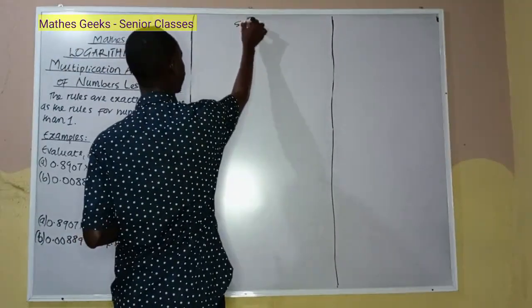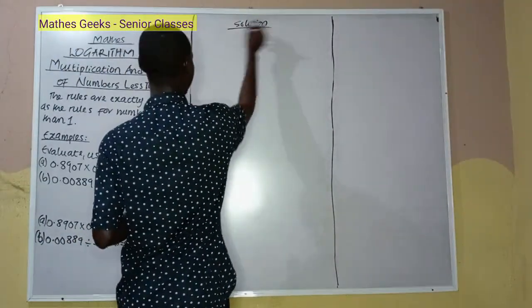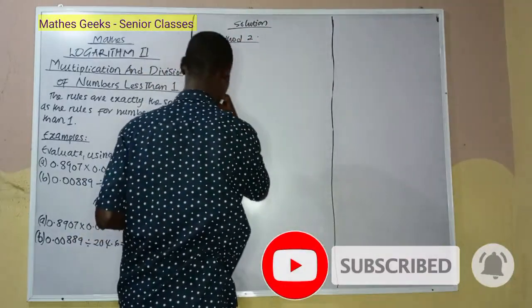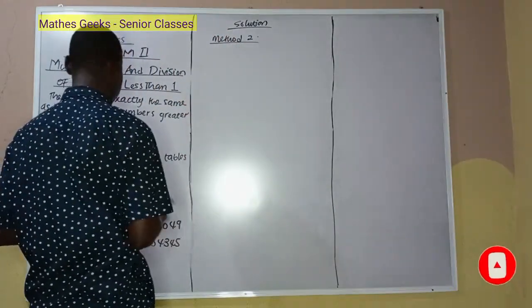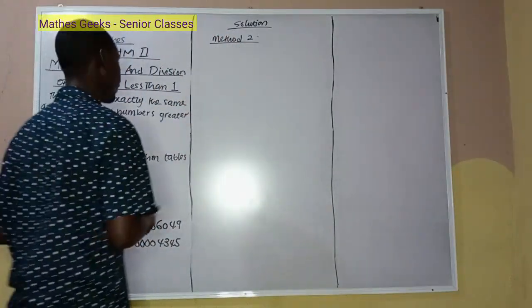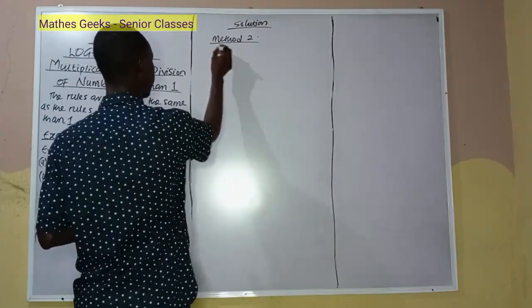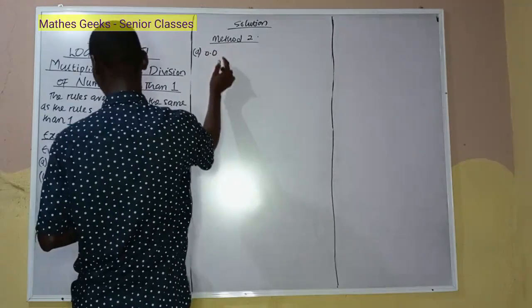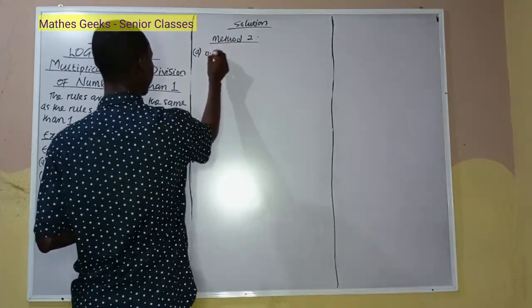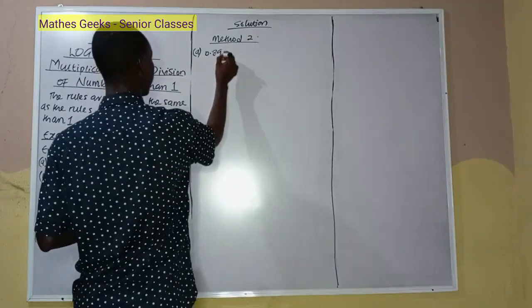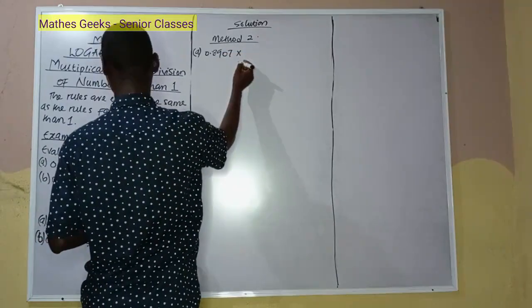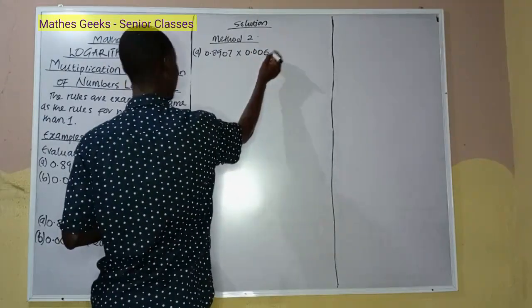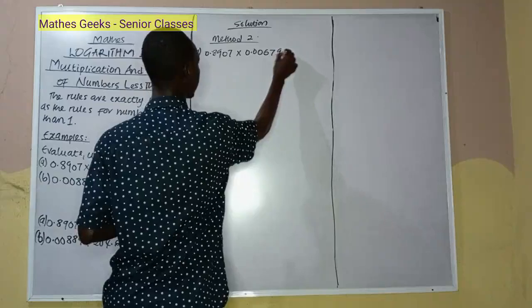I'm going to the solution. For this solution, I'm going to write method 2. In method 2, we're going to use our usual log table. So, evaluate using logarithm tables: 0.8907 times 0.0066792.